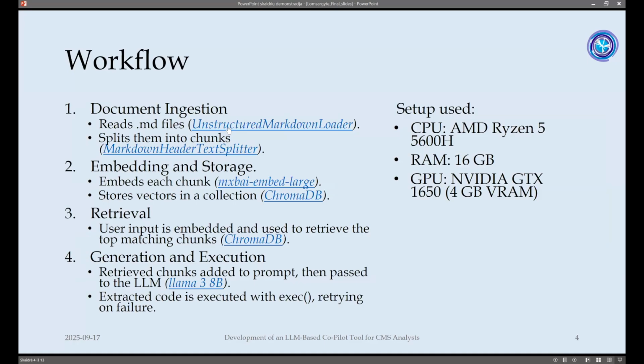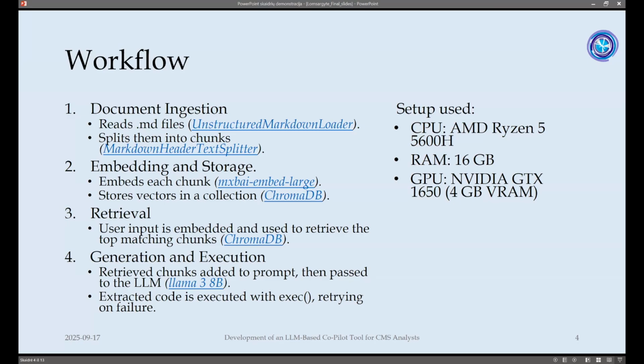So the retrieval augmented pipeline looks like this. It ingests the documents. In our case, it's markdown files using this unstructured markdown loader, and splits them into chunks by section, where every section is kind of a guide on its own.